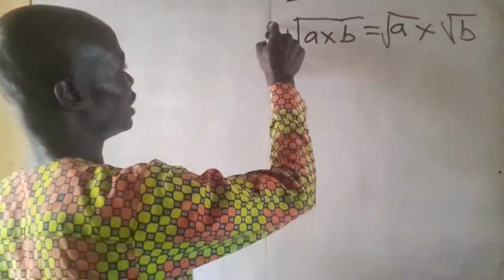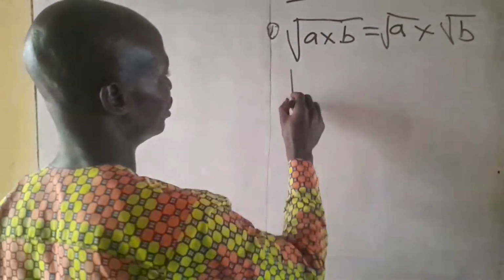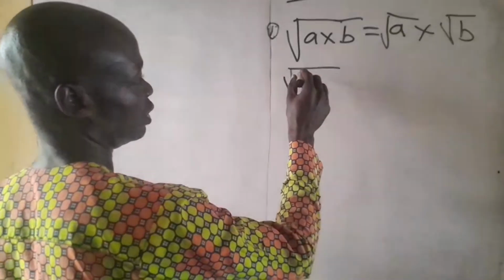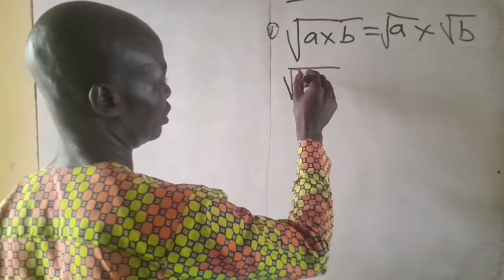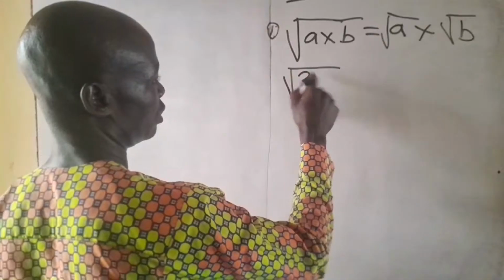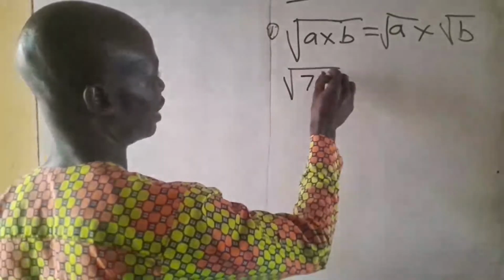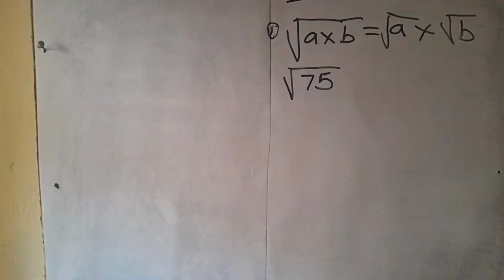Let me now give an understanding of the rule that I just wrote. Here I have, let me start with, root 75. In root 75, we are going to look at a perfect square that we can multiply to give the result.